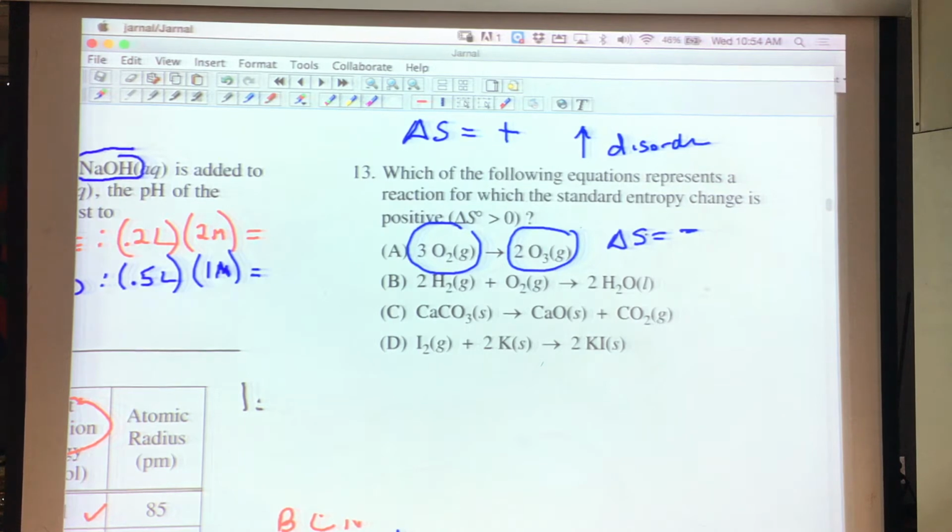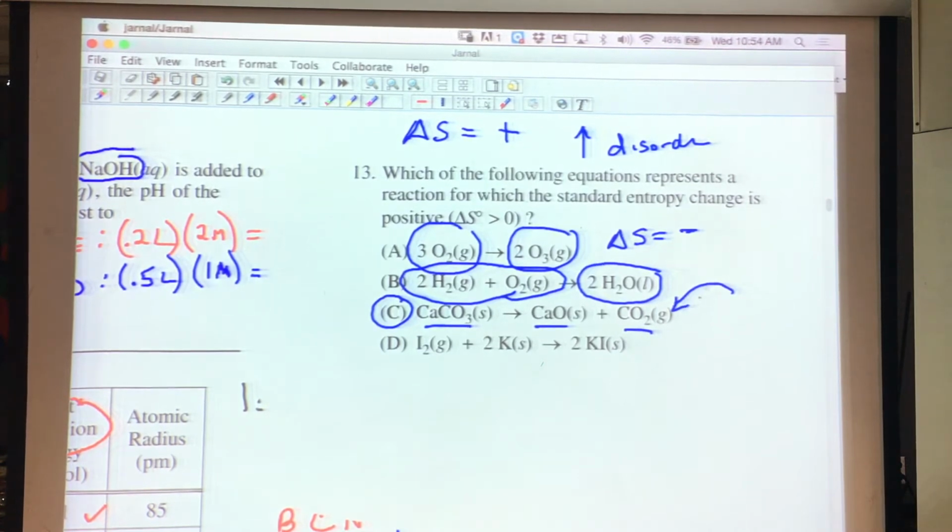You're putting them together in A. Look at B. You're putting them what? Together. I'm sorry, I can't count, 3 molecules going into 2. We're stuffing these together and putting the energy back into these. Here is our answer. We have a solid that's breaking apart into 2 particles, and one of them is a gas, which is what? Making the energy much more dispersed as it leaves.